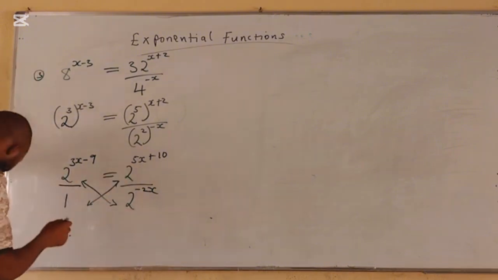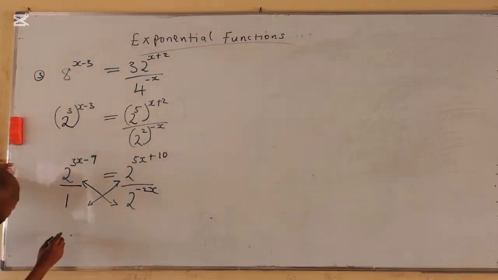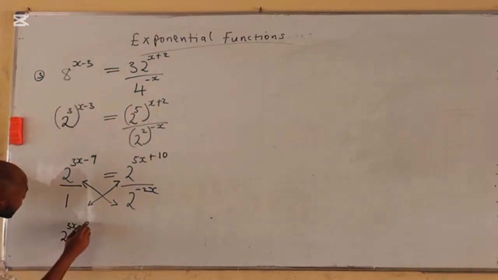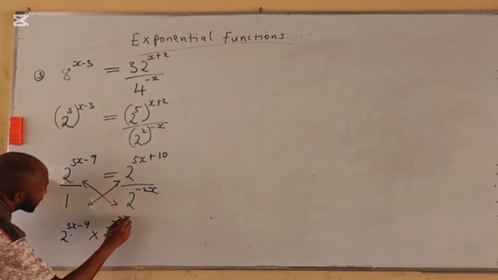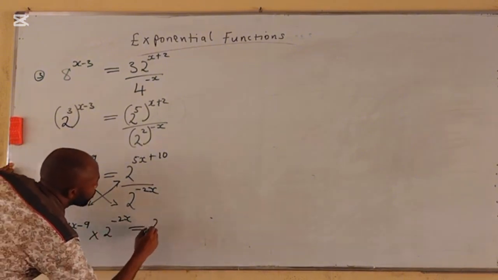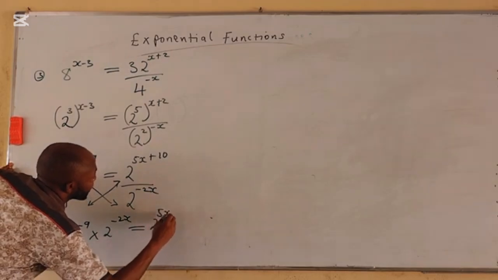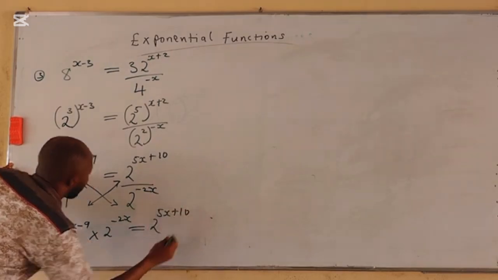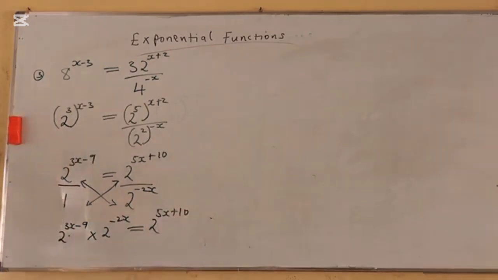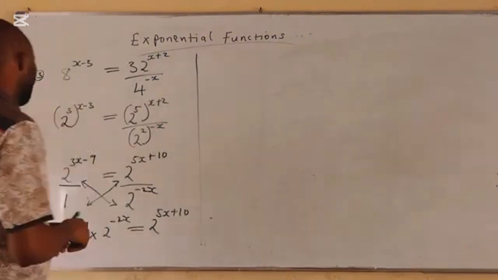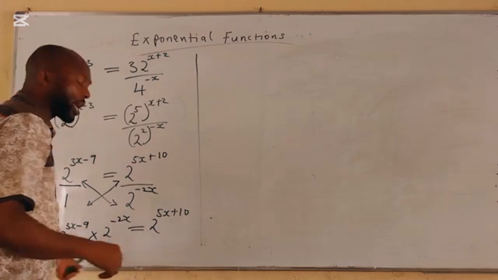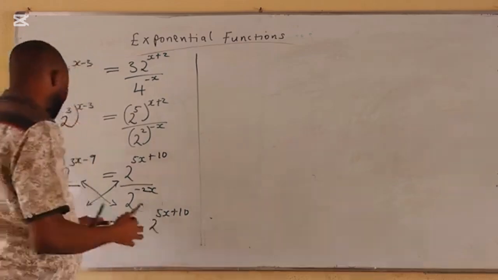So I have 2 raised to the power 3x minus 9 times 2 raised to the power minus 2x is equal to 2 raised to the power 5x plus 10 times 1, which is the same. When equal bases are multiplied, their powers are added. Let's add the powers.